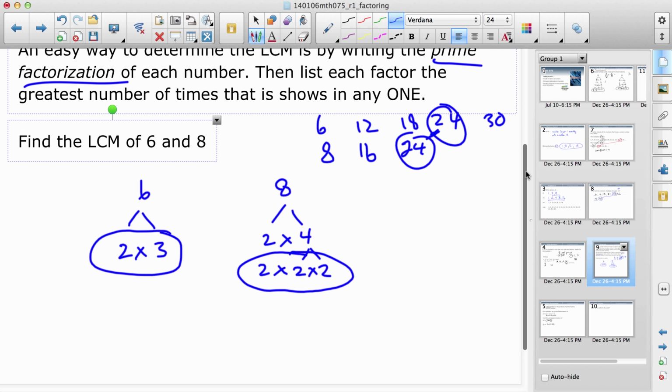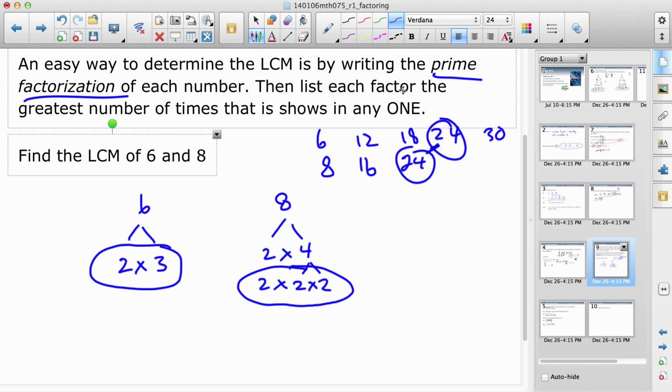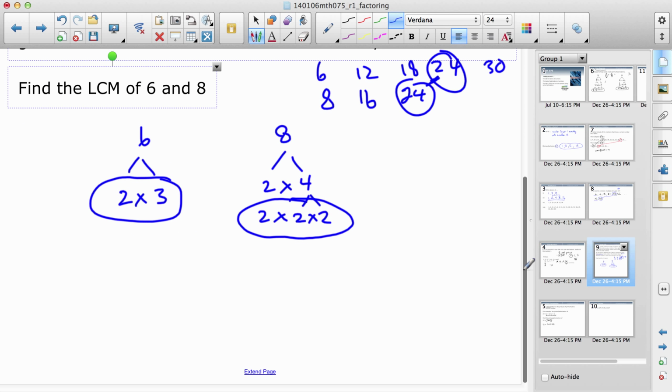Then the instructions up here say, list each factor the greatest number of times that it shows in any one of the prime factorizations. Okay, so let's go down here. Let's look at 2's. Here I have one 2. Here I've got three 2's.